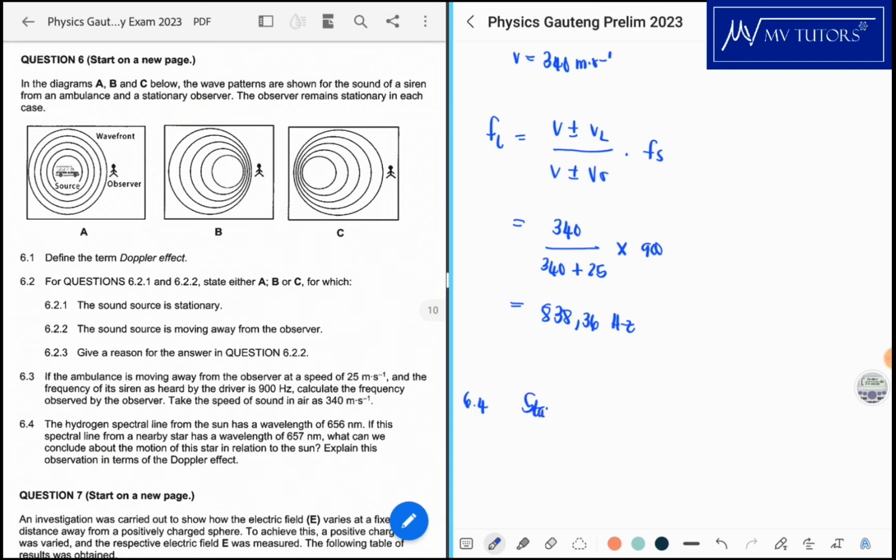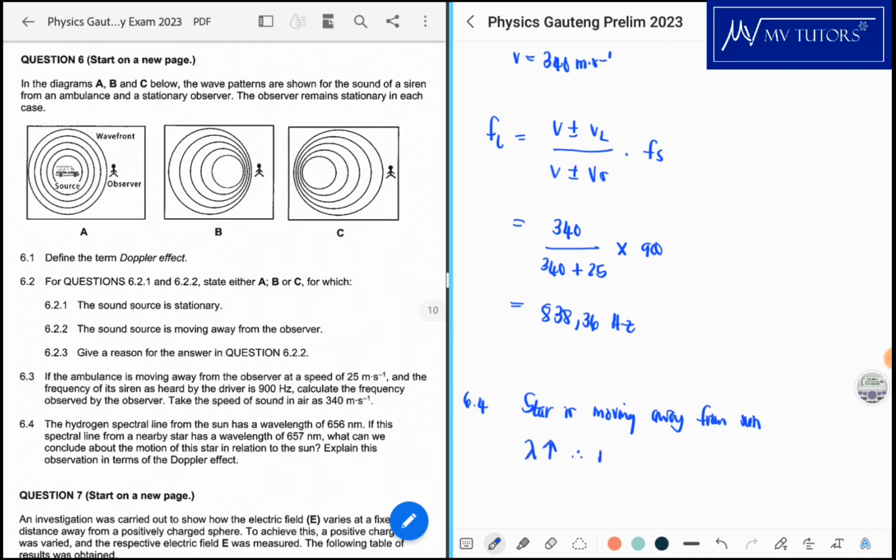Because the wavelength that we see, 657, for the star compared to the sun, which is 656, the star is moving away from the sun, and because it is moving away, the wavelength increased.